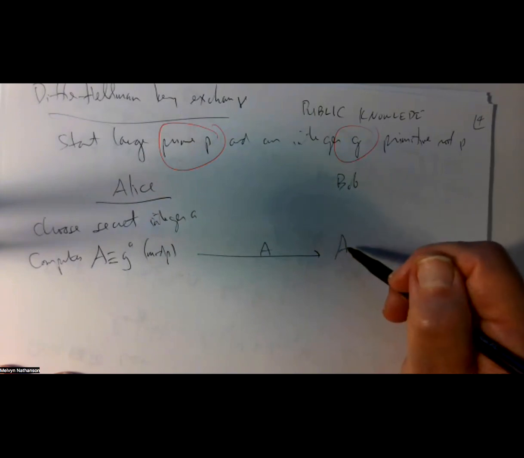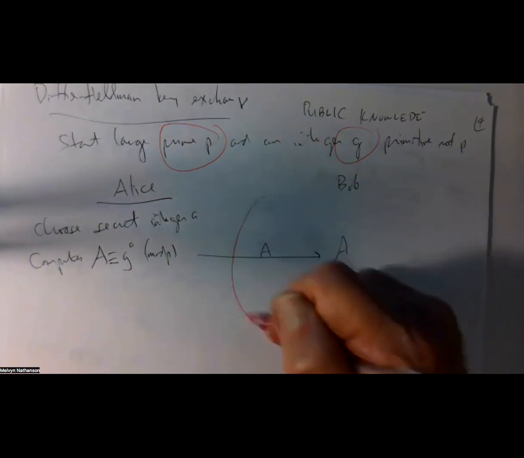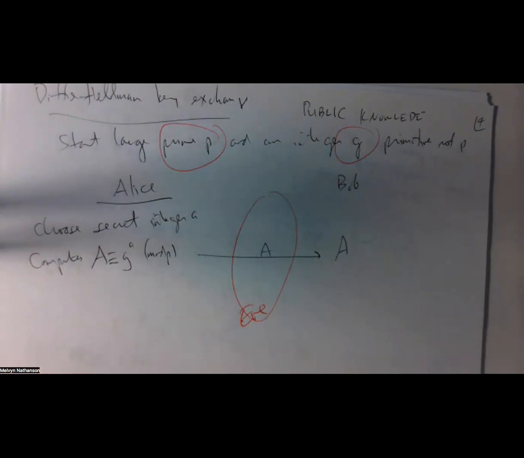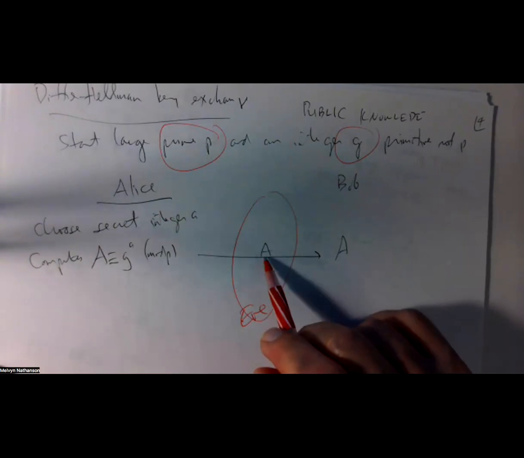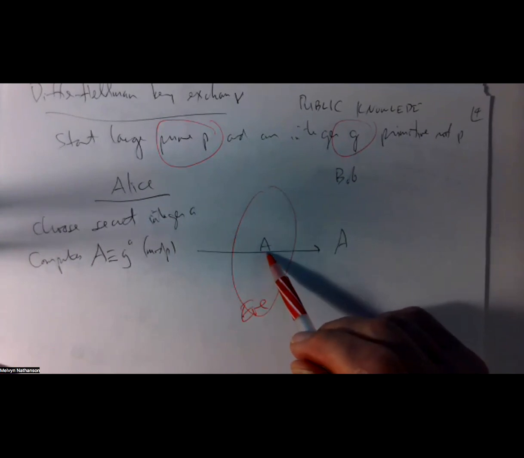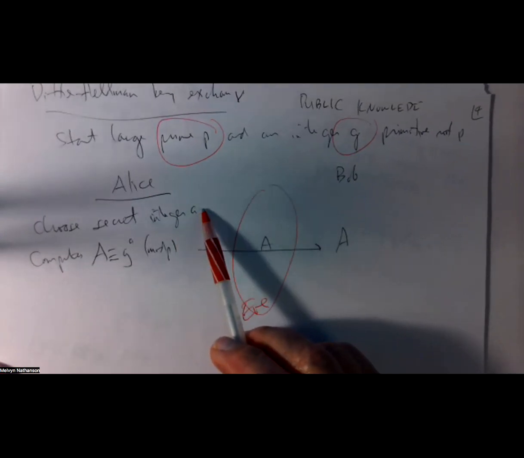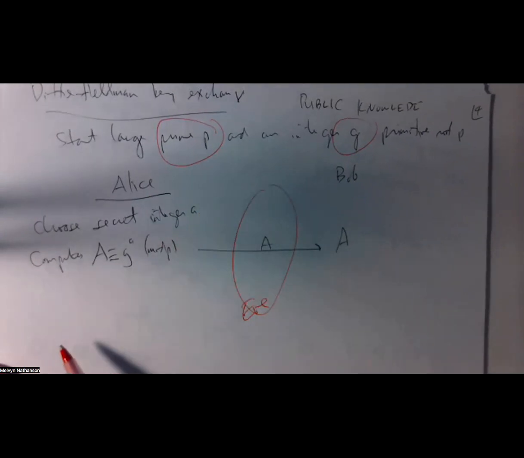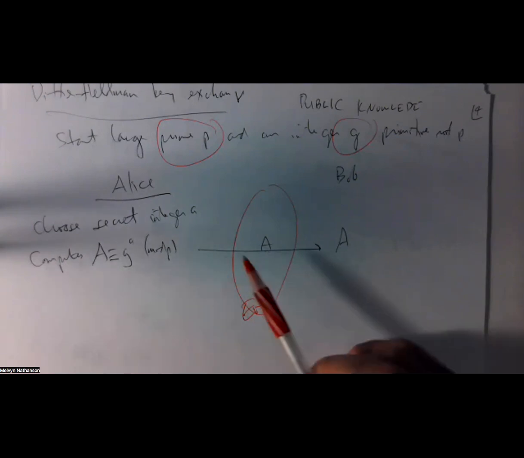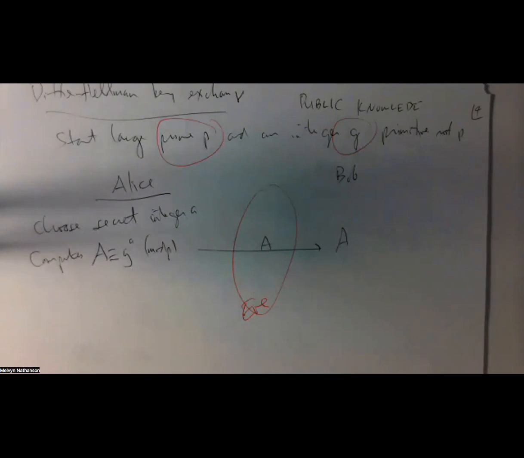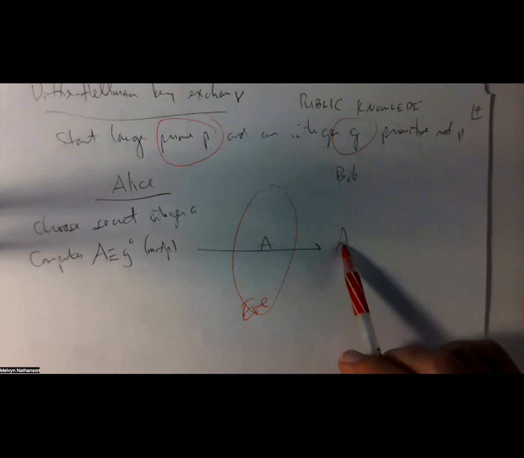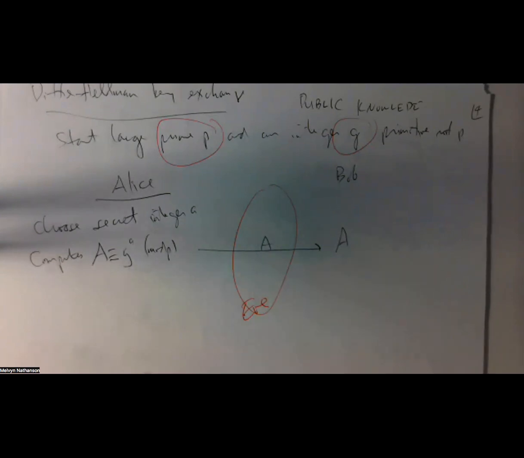So Bob gets this number A, and of course, Eve, who intercepts every communication, knows what the number capital A is. Student: Professor, how does Eve know what capital A means? She gets that number. Anything that's being transmitted, Eve can intercept and read.